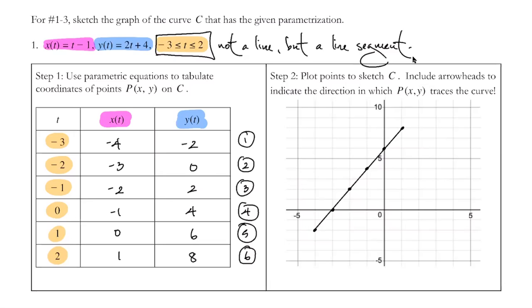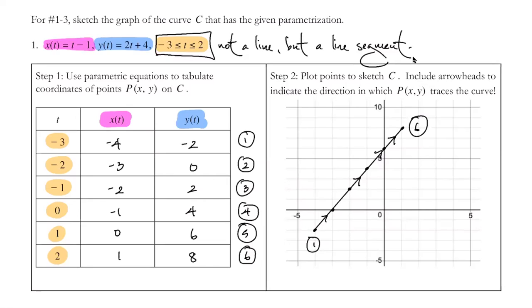Now, I know this is kind of a silly question because we just talked about arrowheads, but it's like the number one thing that folks forget, okay? So when we're drawing this, we have to show direction. So I'm going from point 1 all the way to point 6, so I have to just draw a few arrows. It doesn't really matter how many, but in that direction.